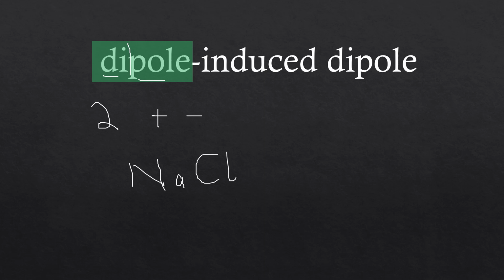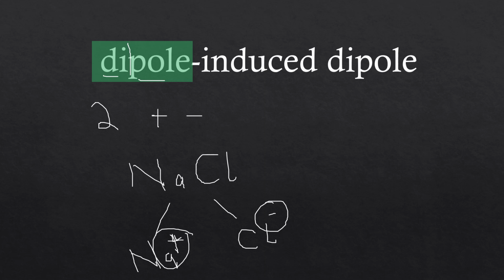If we ask what the poles of NaCl are, after breaking NaCl down into ions, we have Na positive and Cl negative. Now these positive and negative terminals are known as the dipole.